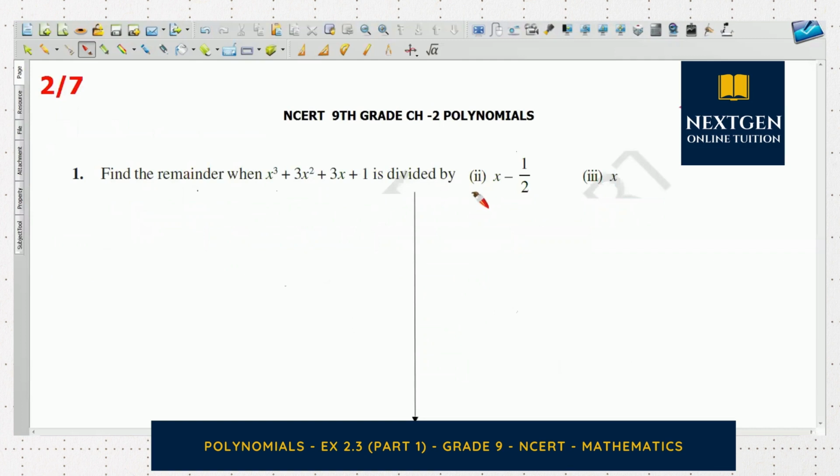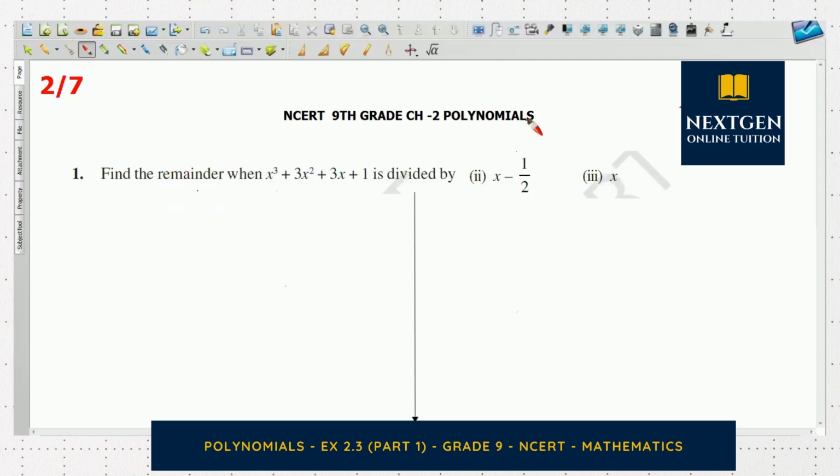The first subdivision we have solved in our previous video. So now first question, second subdivision. Find the remainder when x cube plus 3x square plus 3x plus 1 is divided by x minus 1 by 2. So what will be the remainder when the linear polynomial is x minus 1 by 2?